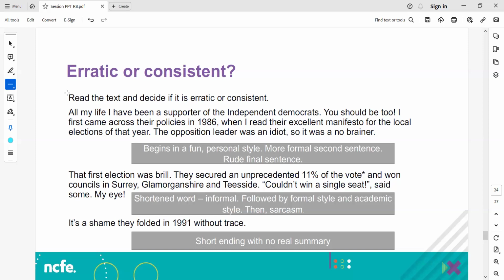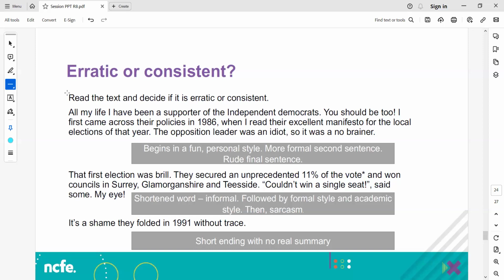So the structure and the language used becomes more formal. But then, if we look at the opposition leader was an idiot, it was a no-brainer, we've returned to that informal style. It's rude. Okay. Erratic. Yeah, so it's erratic.